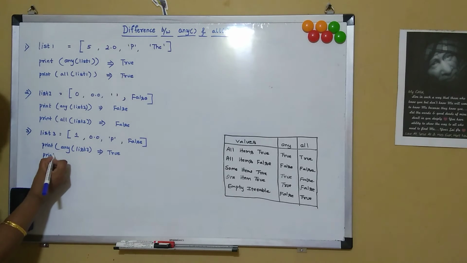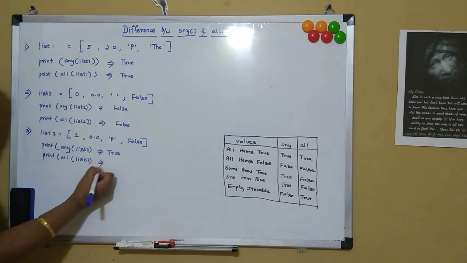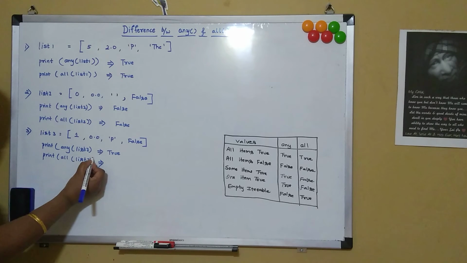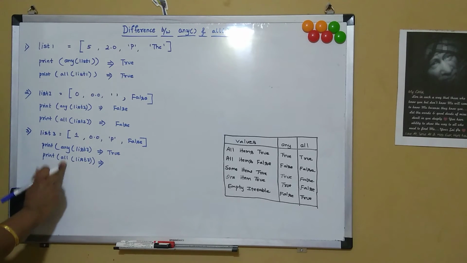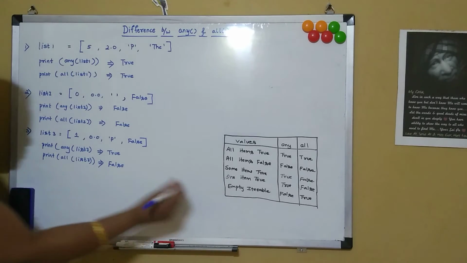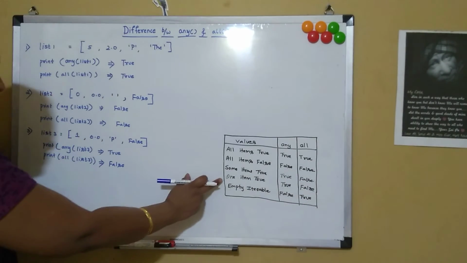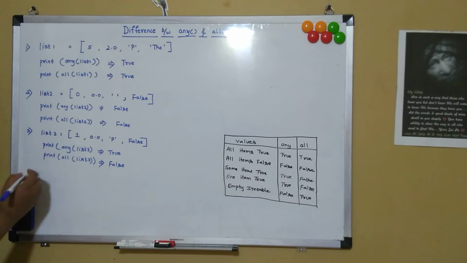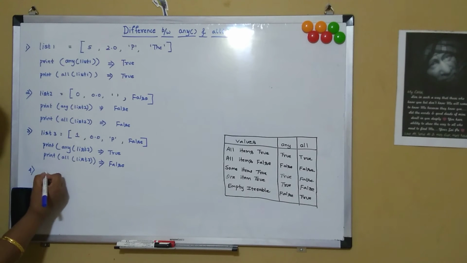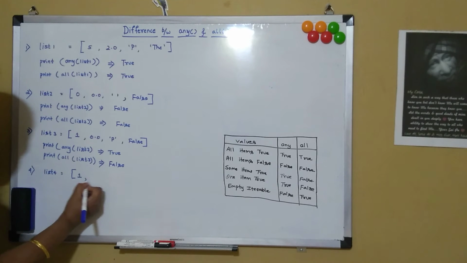Now if I say print all of list3, all function returns false because all the values are not true. So it will return false. Now the fourth case is one item is true. List4 is equal to, one item is true.